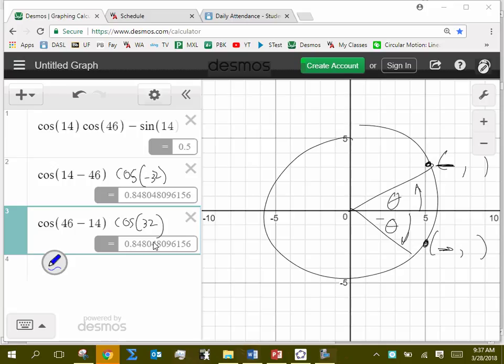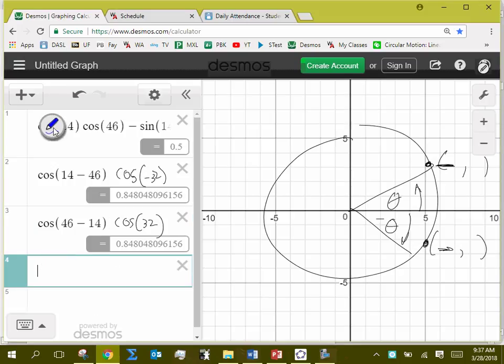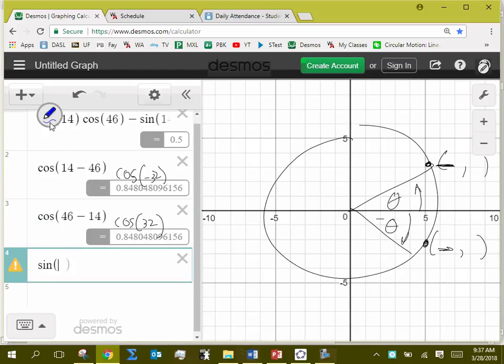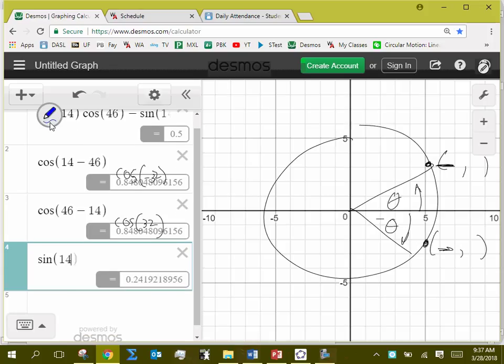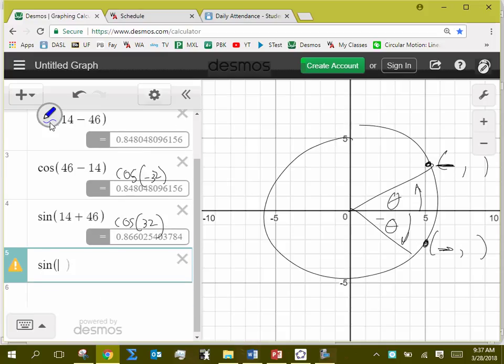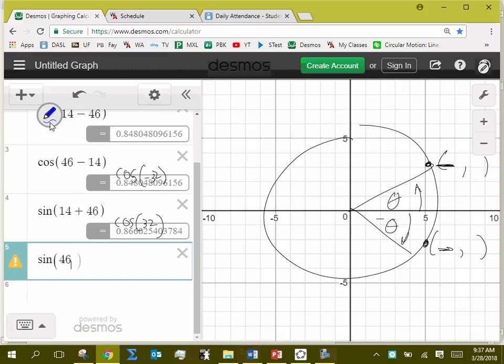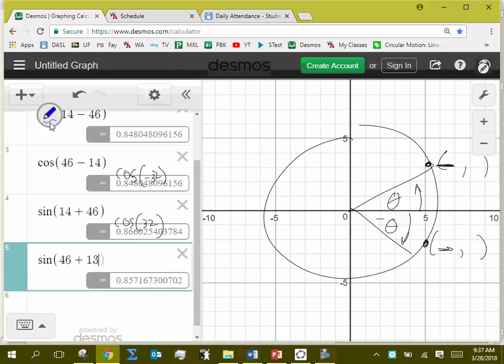Can I do the same thing with the sine? Let's say I said sine of 14 plus 46 gives me that, which is radical 3 over 2. Is that the same thing as sine of 46 plus 14? Addition is always commutative, right? But what if I do this?